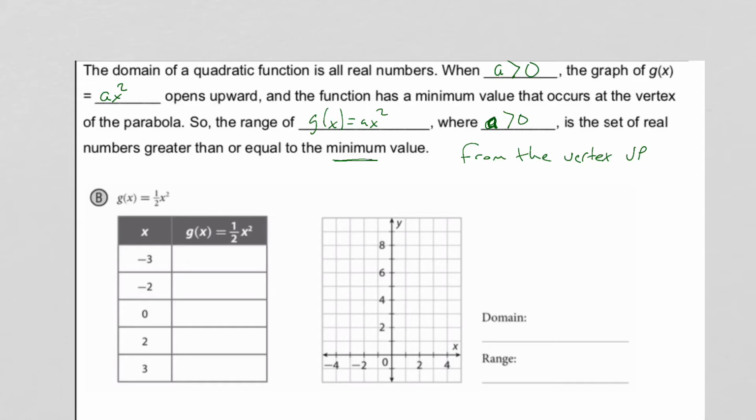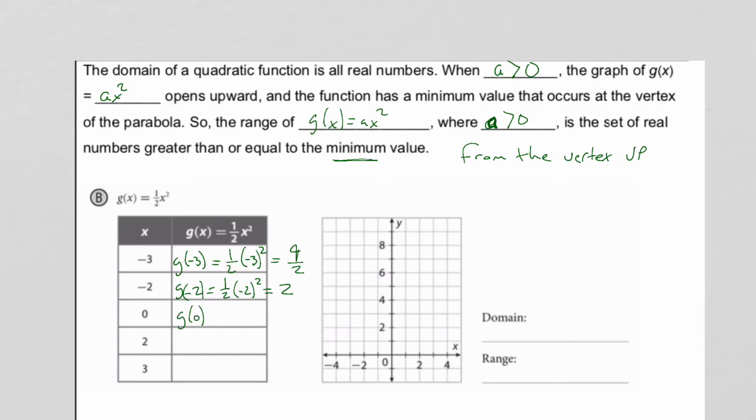We've got g of x is equal to 1/2 x squared. So g of -3 is equal to 1/2 times -3 squared, which winds up being 9/2. And then g of -2 is equal to 1/2 times -2 squared, which is basically half of 4, which is 2.